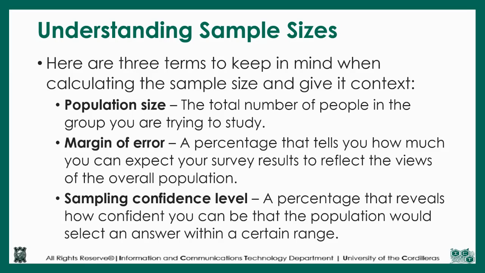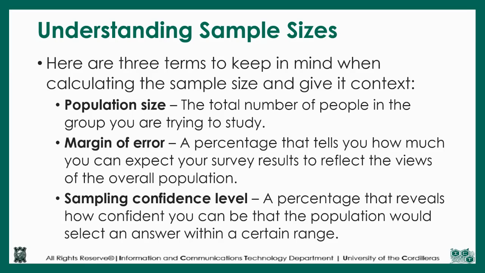Margin of error is a percentage that tells you how much you can expect your survey results to reflect the views of the overall population. This is essentially telling you how accurate you think your survey or your data will be in representing your overall population.